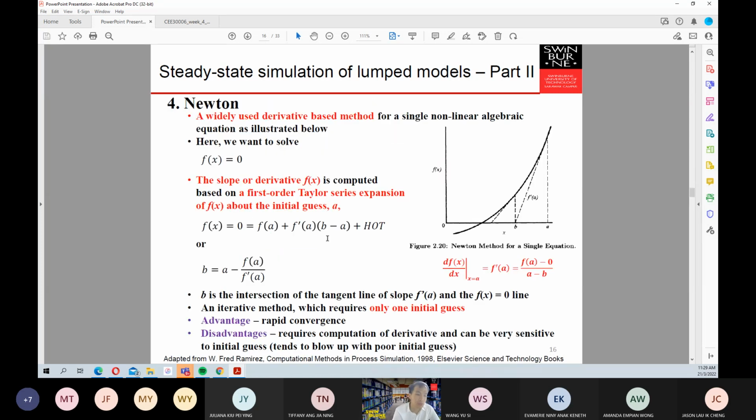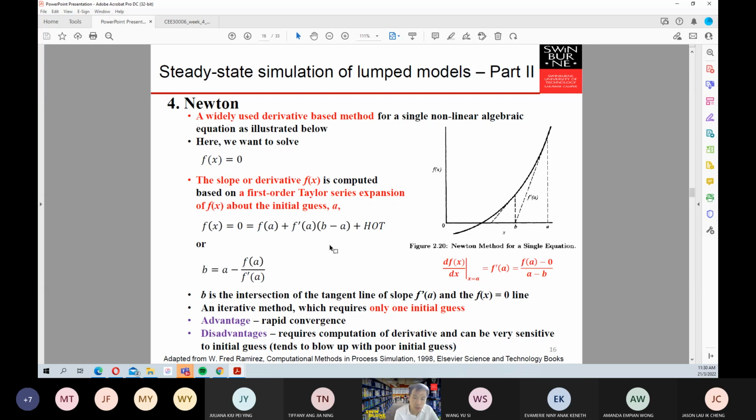The last method that we will discuss is the Newton method. The Newton method is a widely used derivative-based method for a single nonlinear algebraic equation, which is illustrated below. Here we want to solve f(x) equals 0, so we calculate the slope, the derivative of f(x). What we use here is a first order Taylor series expansion, like what you get in process control, where you deal with the Taylor series expansion for the linearization of a nonlinear function of your ODE, ordinary differential equation.